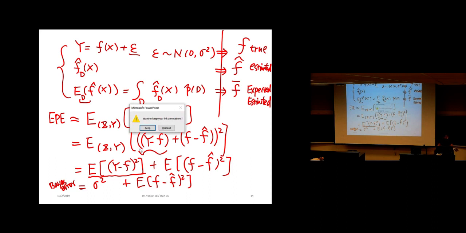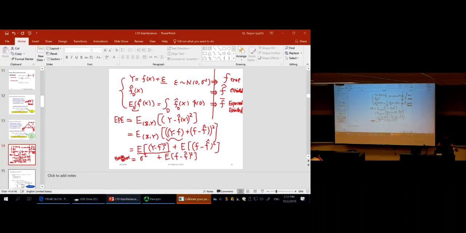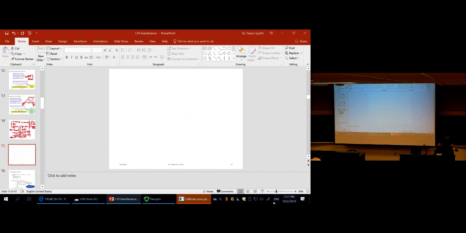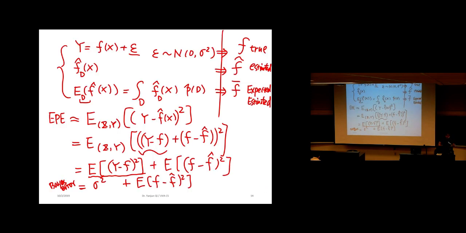I want to derive this step by step. So okay, now we know it's an irreducible error and the true model versus the predicted model, right?